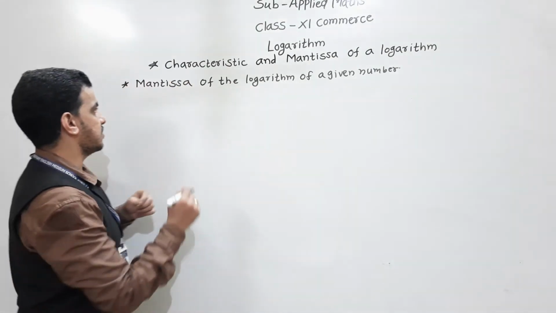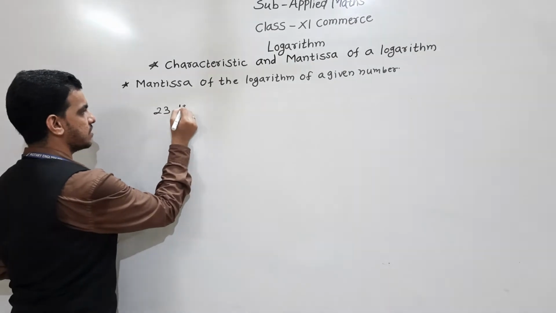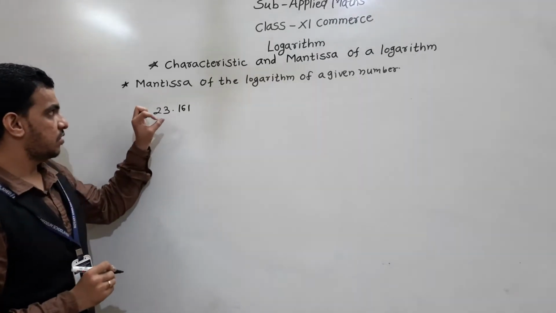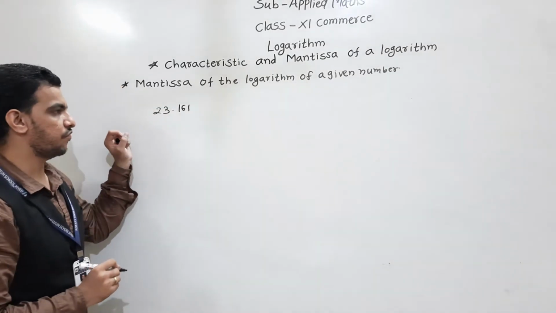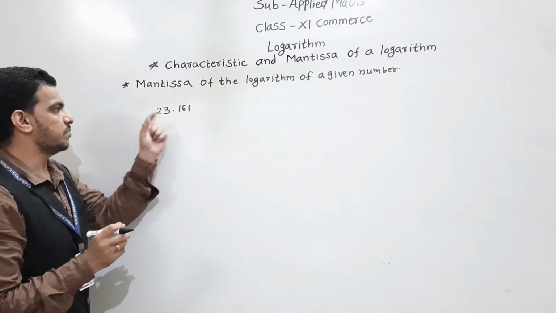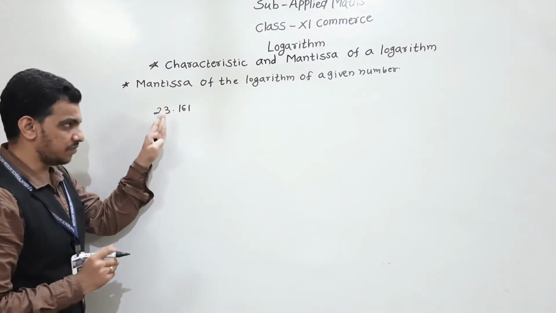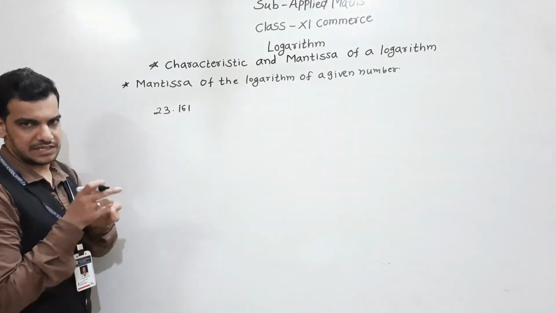In that, suppose the number is 23.168 or 161. For finding the mantissa we have to consider the first four non-zero digits. Here we cannot consider the decimal point.